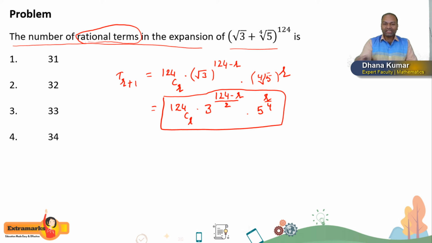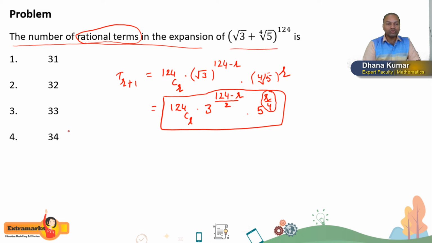Right. So let us come to one by one. See, first I am taking this one. When we say this part is rational, r by 4 must be an integer. When r by 4 is an integer, r must be a multiple of 4, because the denominator 4 is there. If r is a multiple of 4, then r by 4 is an integer. Understood? Right.